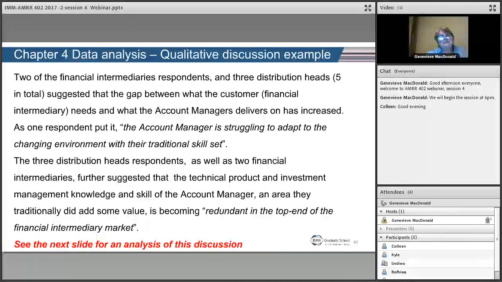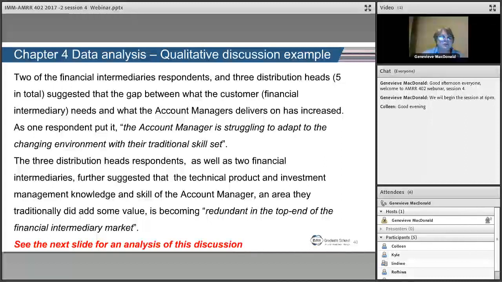Say for instance, this is a qualitative discussion example. 2 of the financial intermediaries and 3 distribution heads were interviewed, and they suggest that the gap between what the customer needs and what the account managers delivered has increased. So there's a gap between what management and these account managers think versus what the customer wants.